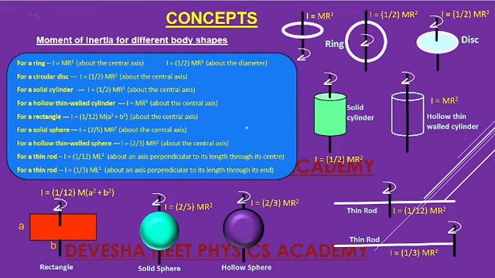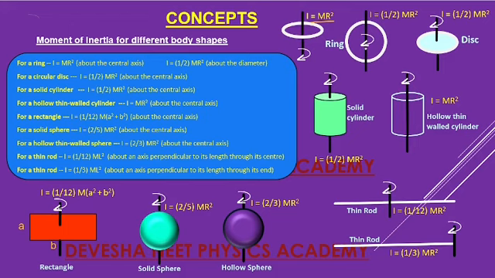Now these are some of the standard formulas you need to know, the moment of inertia for different body shapes. Let's get started. Imagine this is a ring. I is equal to mr square is the moment of inertia if the axis is at the center, perpendicular to the ring.